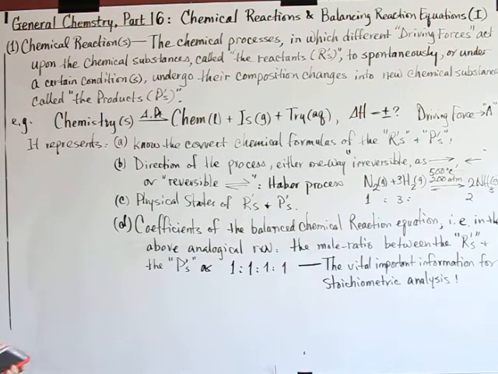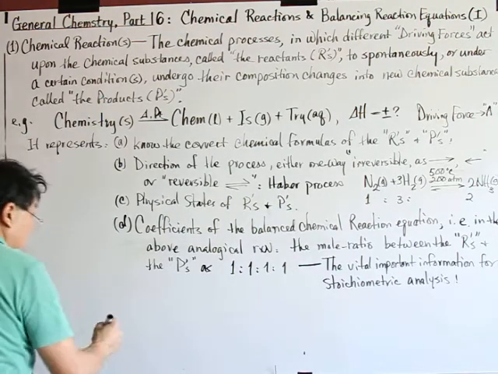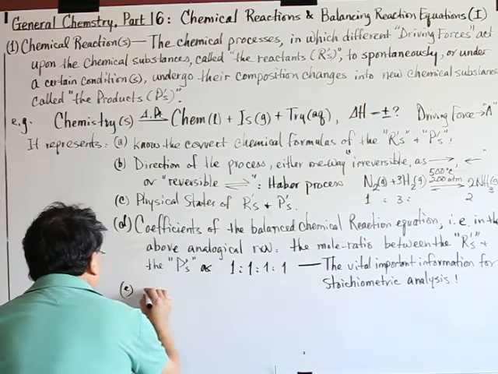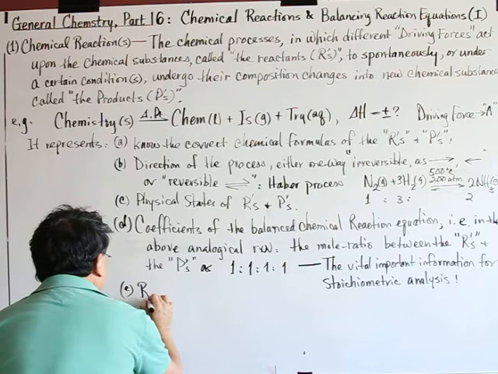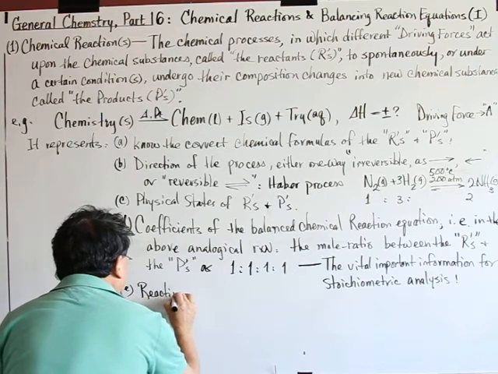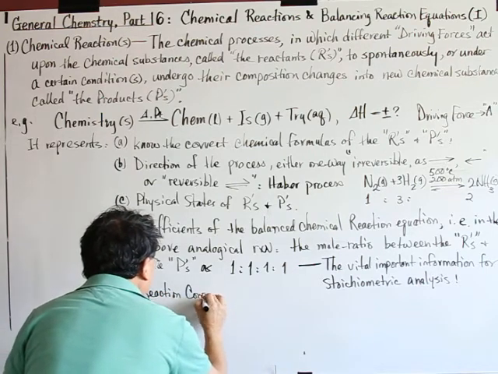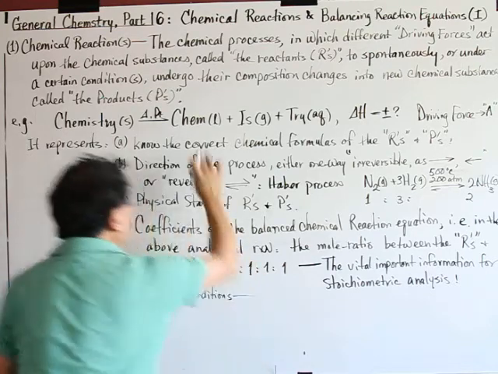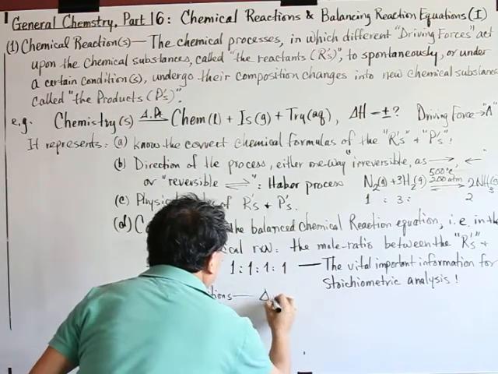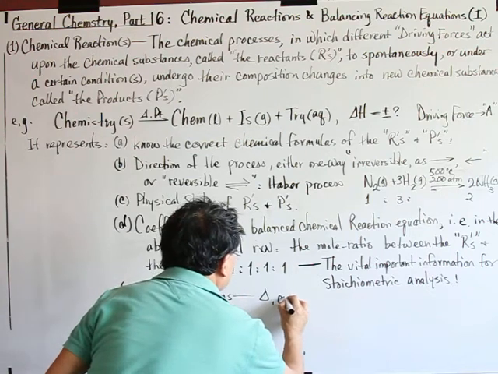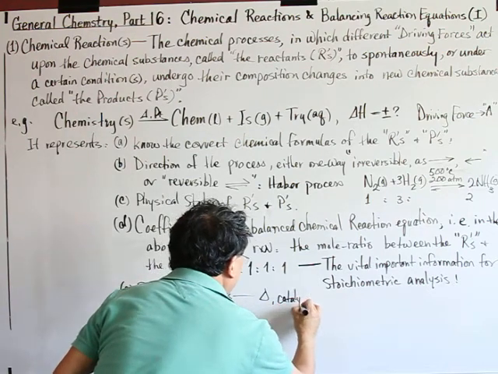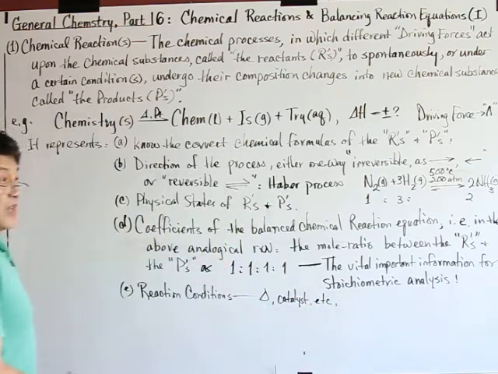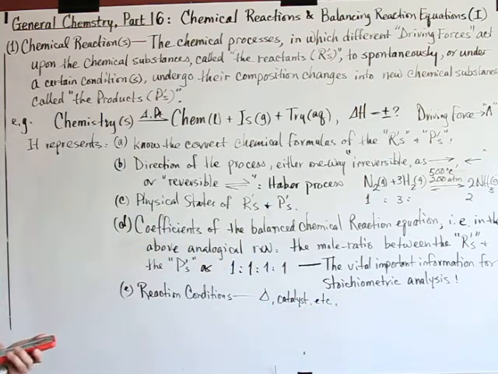All right. So now number 4 and number 5. Of course, we already mentioned number 5, the reaction condition. We already mentioned that is the heating, the catalyst, etc. All right, that's probably the most important thing I listed here.